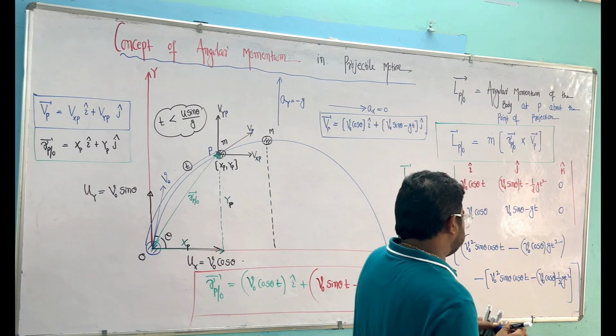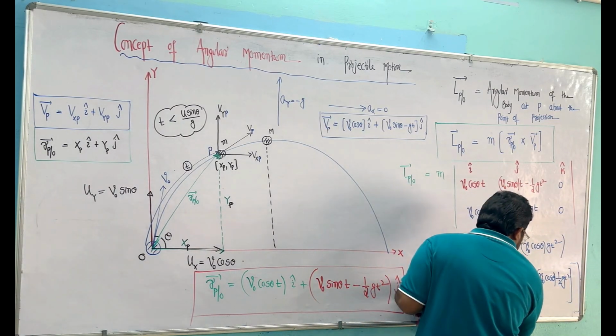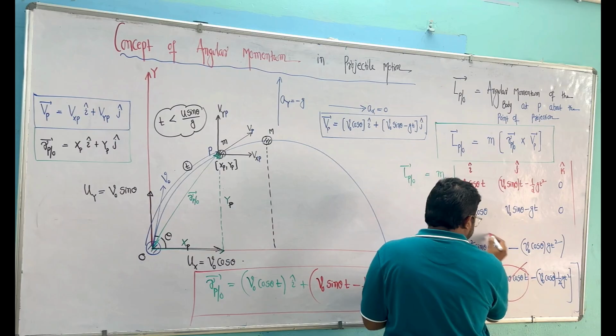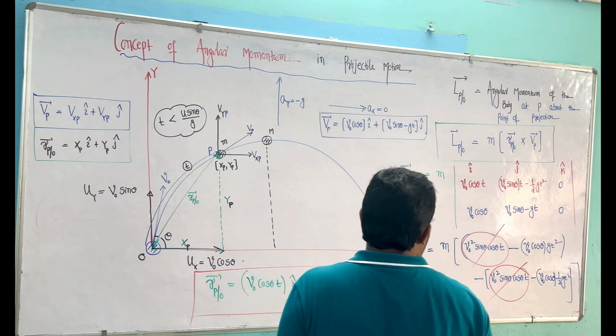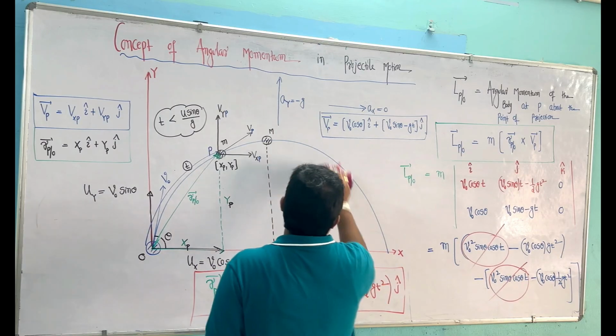Are you getting the same? This part and this part cancelled out. These two get cancelled out. Correct or not? Then finally, how much is obtained?